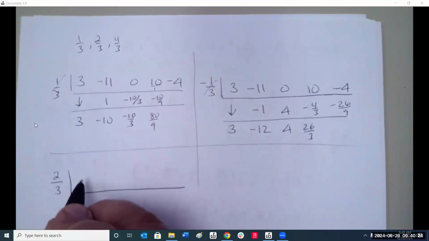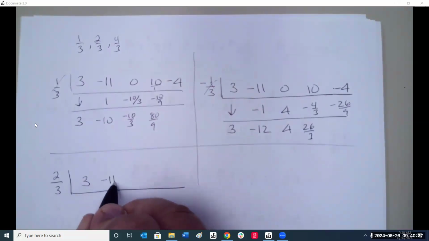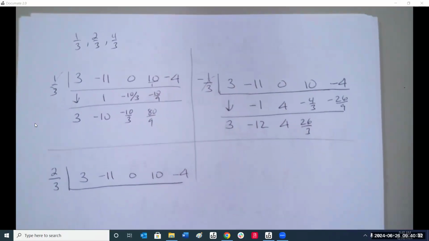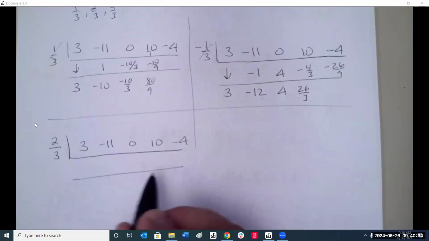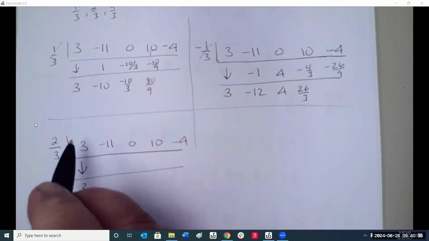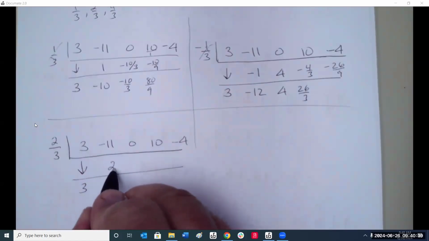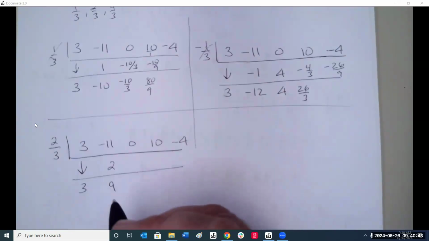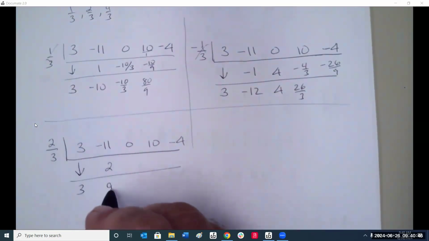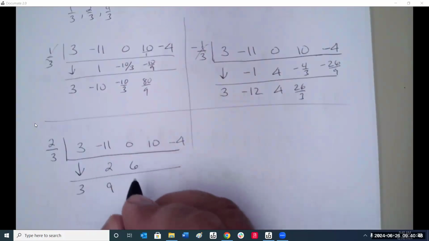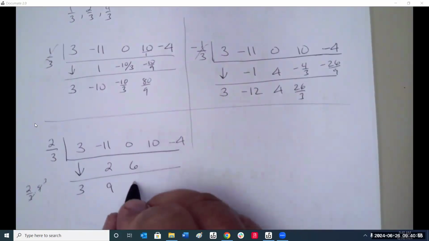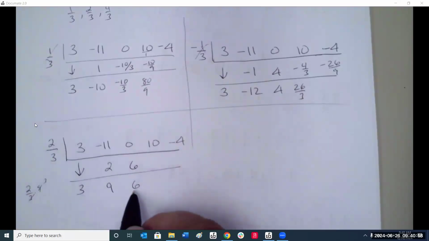2/3. 2/3 times 3 is 2. 11 minus 2 is 9. 2/3 times 9 is 6. The 3 cancels with the 9. 2/3 times 6.